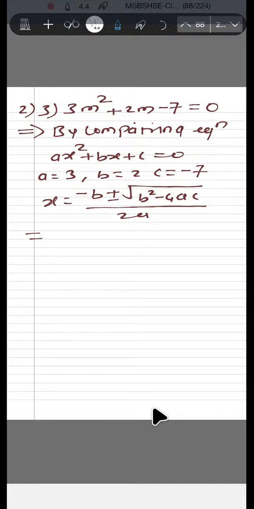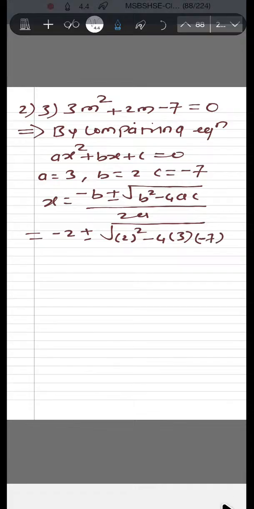Negative b, so minus 2 plus or minus square root of b square. What is the b value? 2 square minus 4 into a value, which is 3, and into c, which is minus 7, divided by 2 into a, which is 3 here.